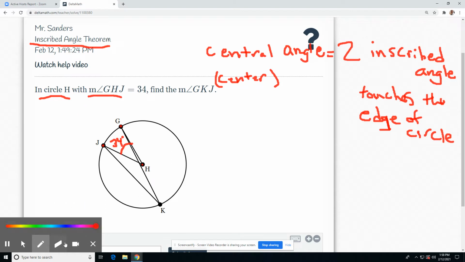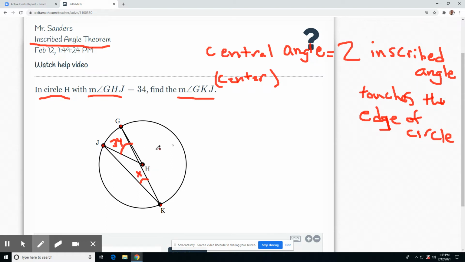And find the measure of GKJ. So this is the one that we want to know, and we'll just call that X. So we're looking for X, the measure of that angle.